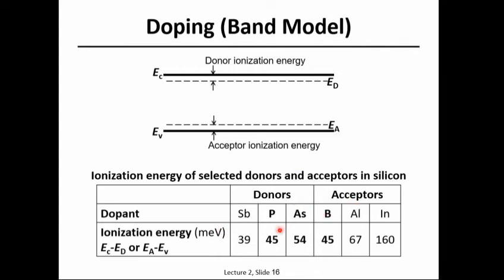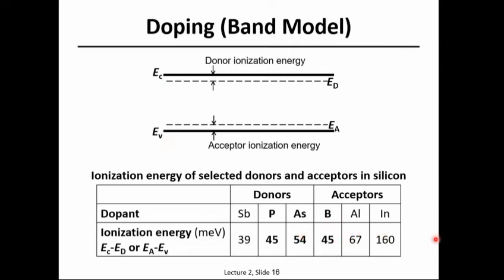Here I have just given the ionization energy as EC minus ED, or EA minus EV. We are not going to go through the derivation of the ionization energy. Whether it is donor energy or acceptor energy, it is given with respect to the conduction band energy or the valence band energy of the material.